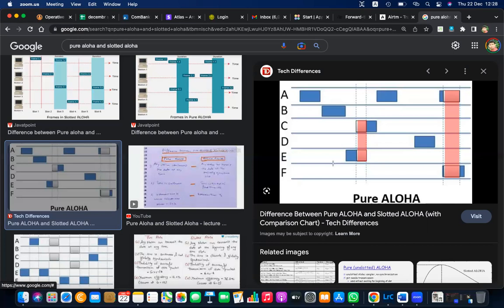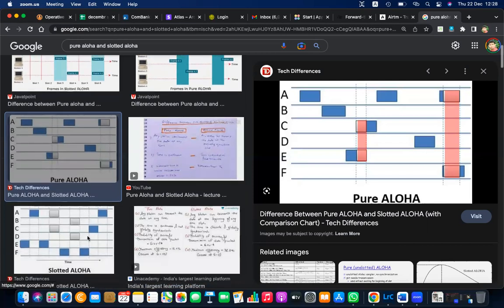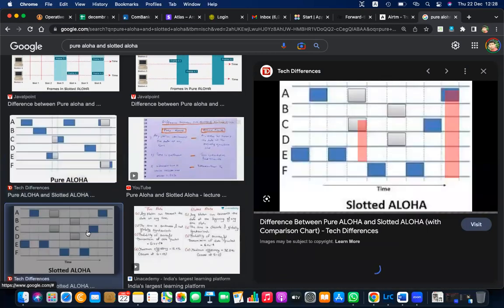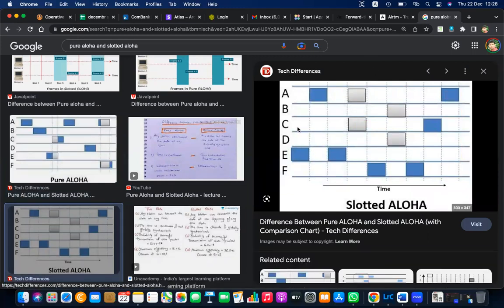But what will happen with slotted Aloha? It divides time into slots. In the first slot, E is communicating. In the second slot, A communicates. In the third slot, only E communicates, no collision. In the fourth slot, A and C communicated, so it's a full collision.